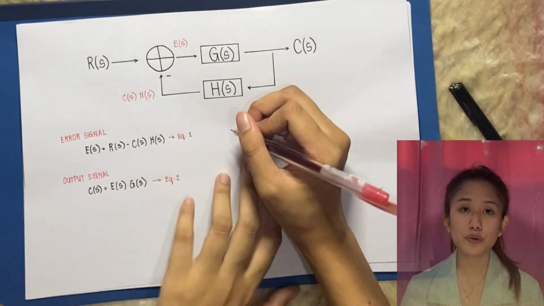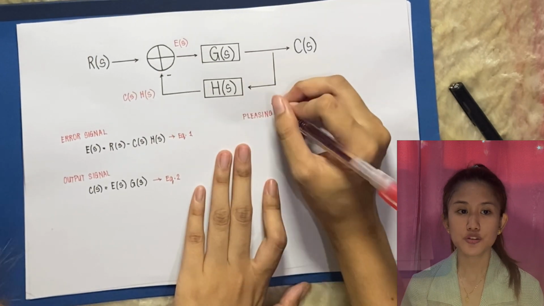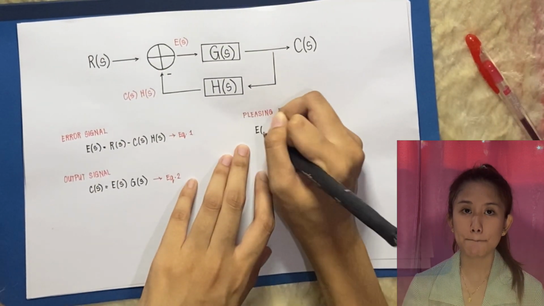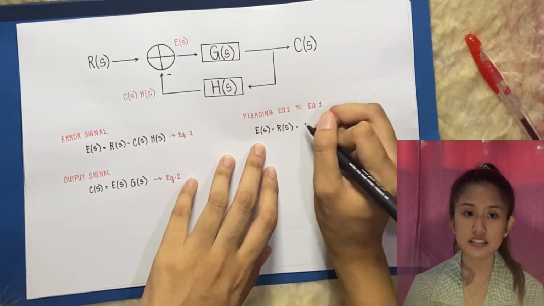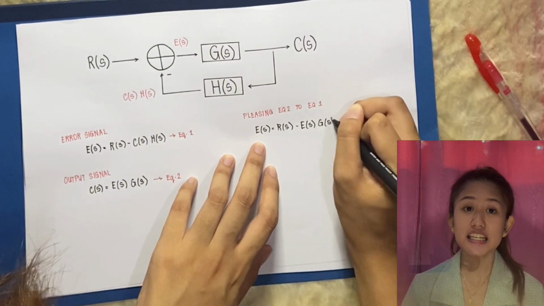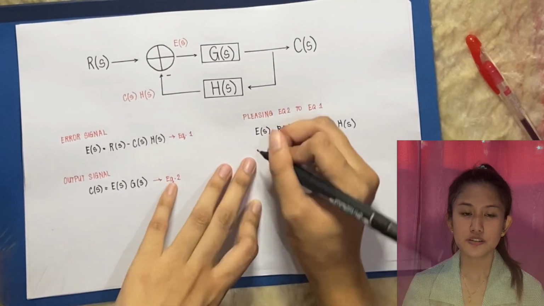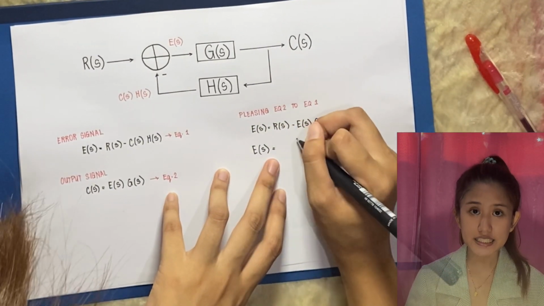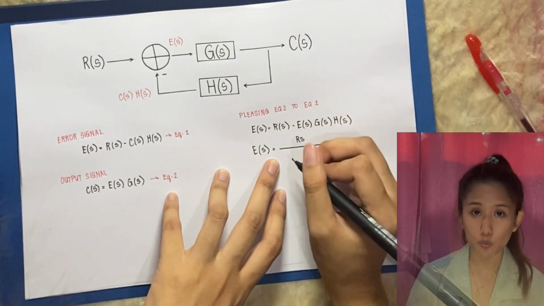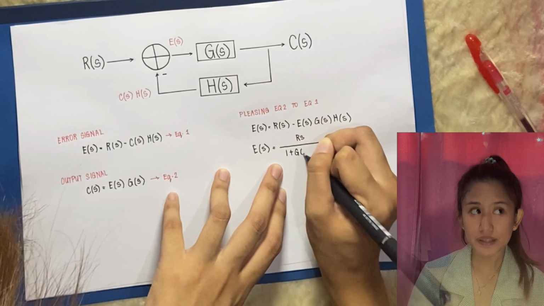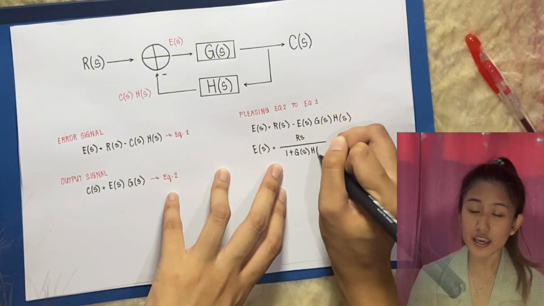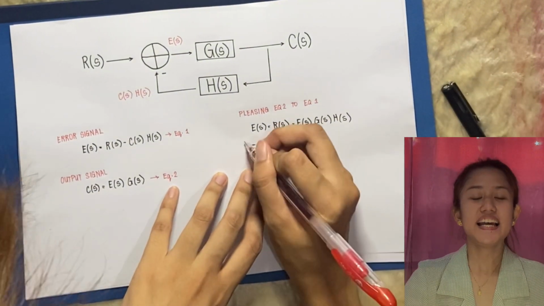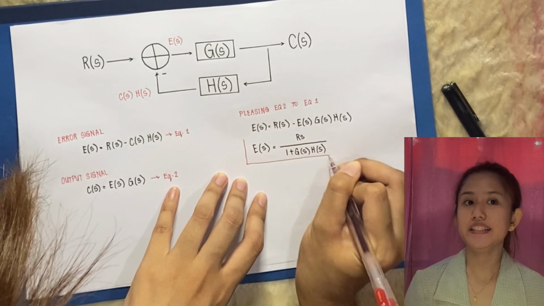By placing equation 2 into equation 1, E of S is equal to R of S minus E of S, G of S into H of S. So E of S is equal to R of S divided by 1 plus G of S into H of S. So that is the error signal.